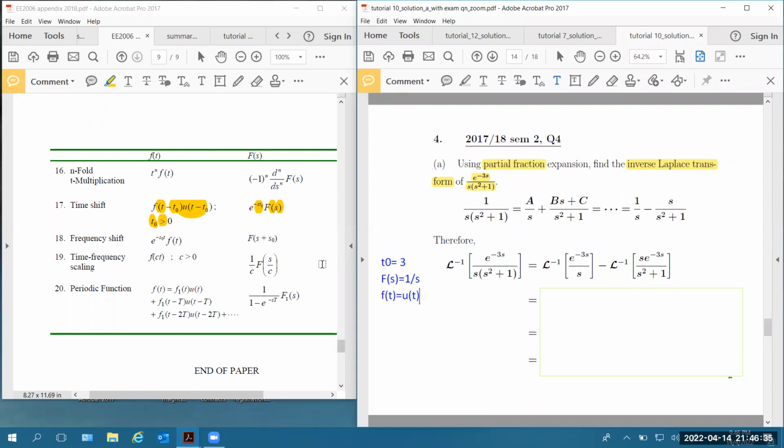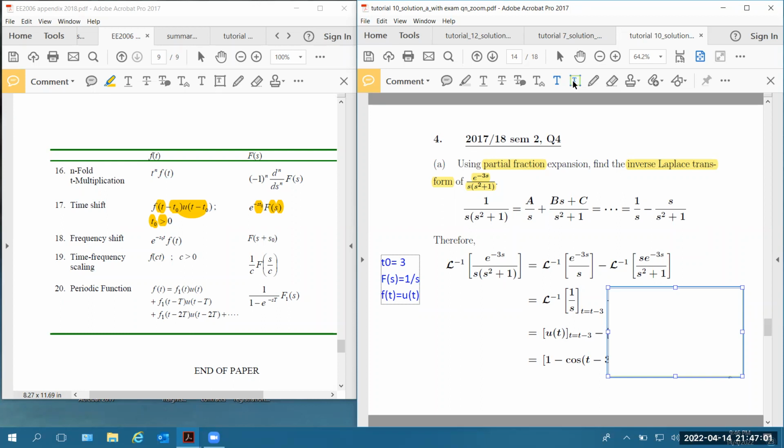So for the first term it's u(t minus t naught). And I think today we talk about this, u times u is u. So for the first term, it's actually u(t minus 3).